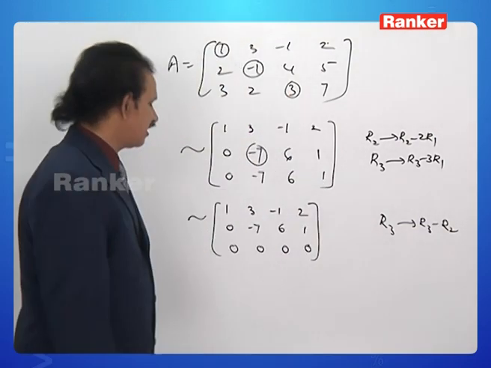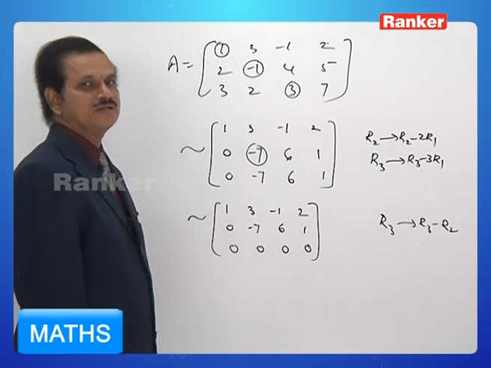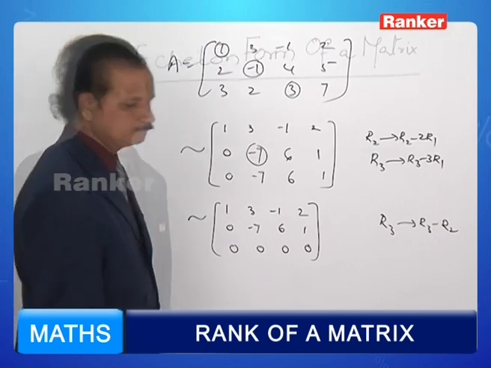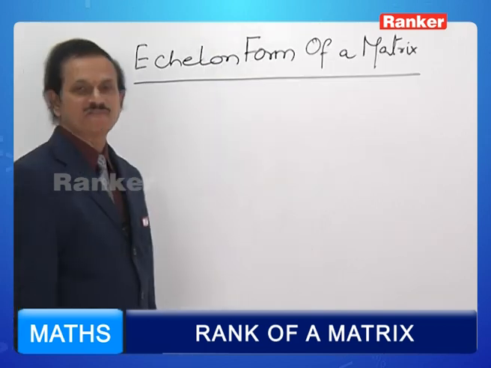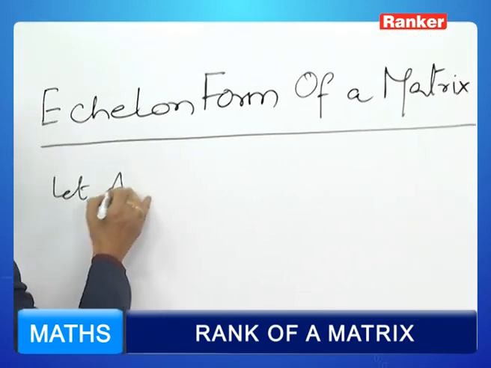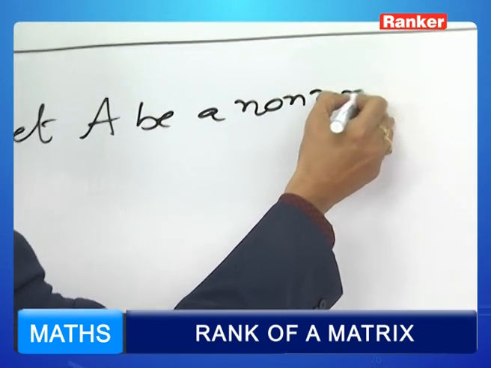And this particular form of the matrix is called echelon form. Let me describe you the nature of echelon form slightly. What is meant by echelon form of a matrix? Let A be a non-zero matrix.